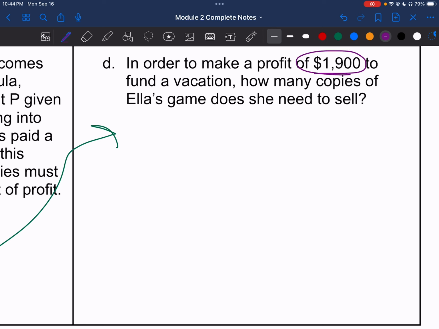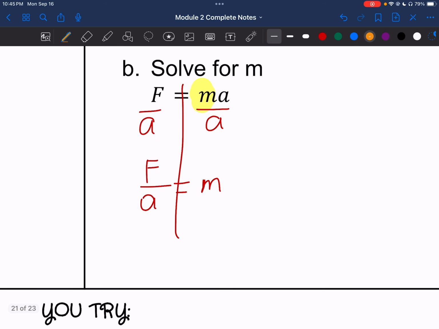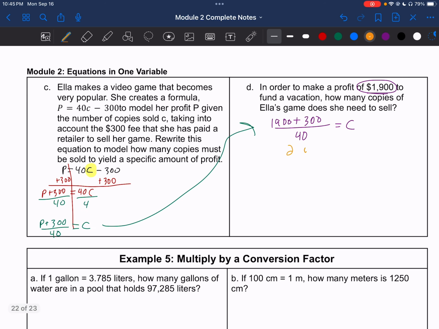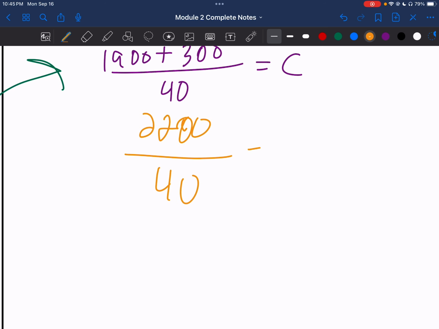So 1,900 plus the 300 of the marketing over 40 is equal to C. My first step, combine 1,900 and 300, and that's 2,200. We have 2,200 over 40 is equal to C. And our final step is to do the division. 2,200 divided by 40 is going to give me 55 is equal to C.